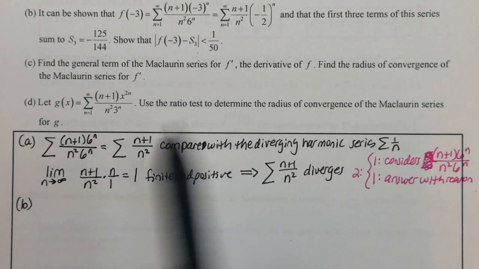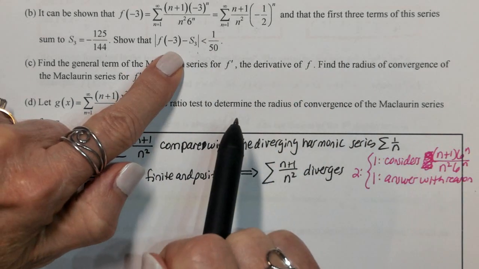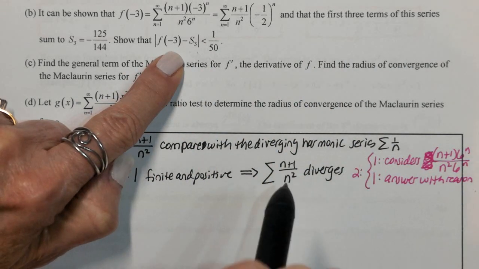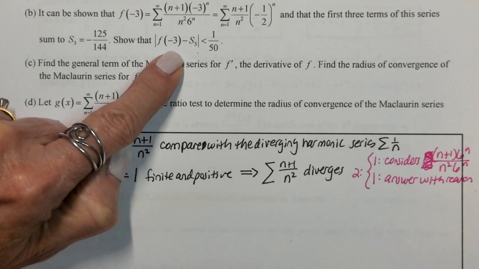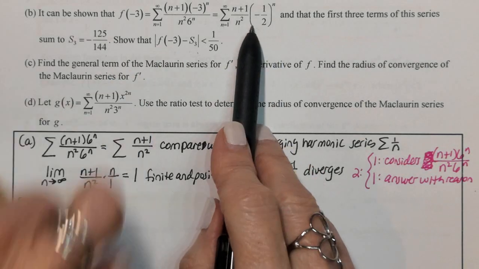When I see this, I think the error. So this is an error question. When you see this, think, oh, this is error. Did they say Lagrange? No. Then they want alternating series error. And if they want alternating series error, we have to make that statement about the terms.